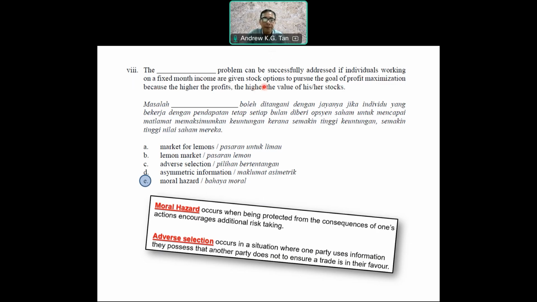But if they are given stock options to pursue the goal of profit maximization, then they would have more incentive to work harder, to earn more money, to earn higher profits, because then the value of their stocks would be higher.